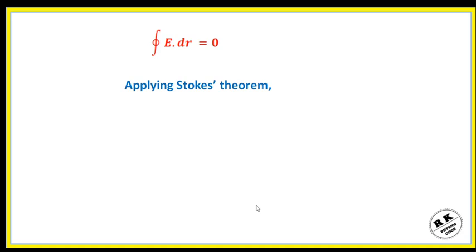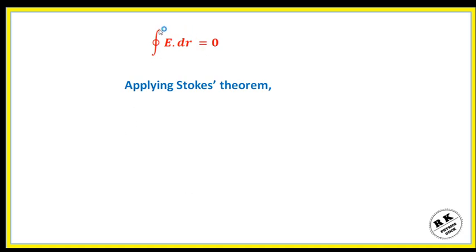It says that the line integral of any vector is equal to the surface integral of its curl. Line integral of any vector is equal to surface integral of its curl.